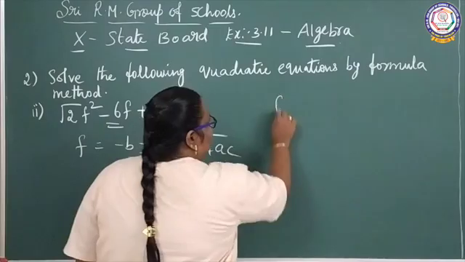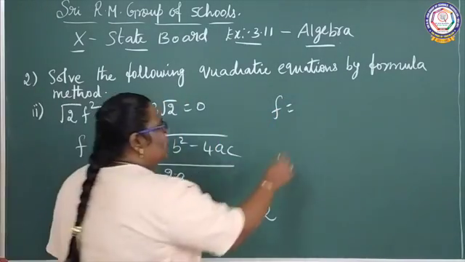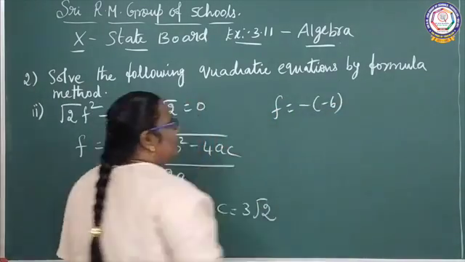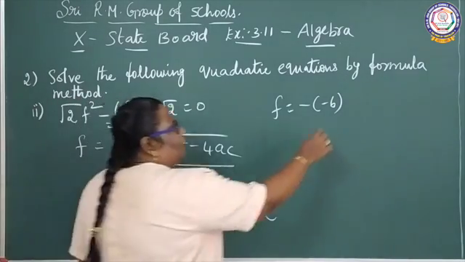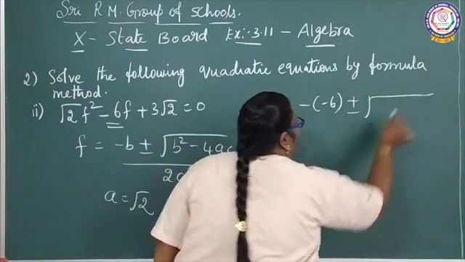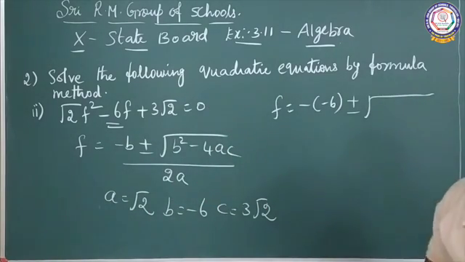Now you substitute. f equal to minus b, minus of minus 6, plus or minus root of b square.